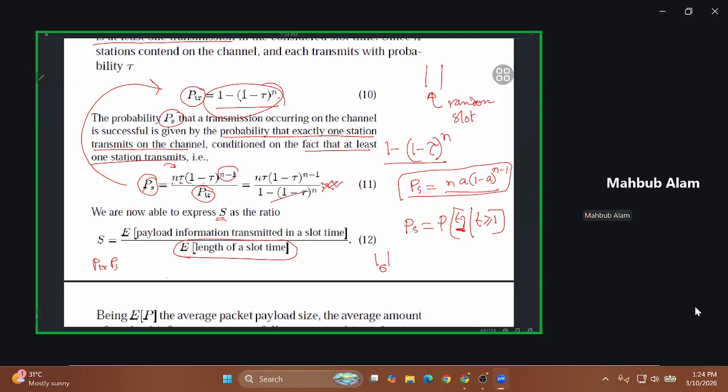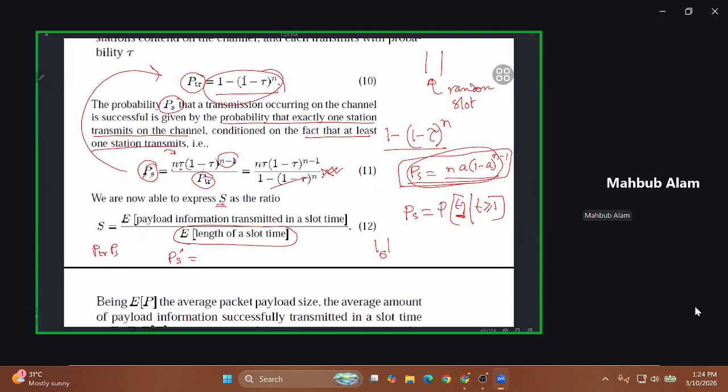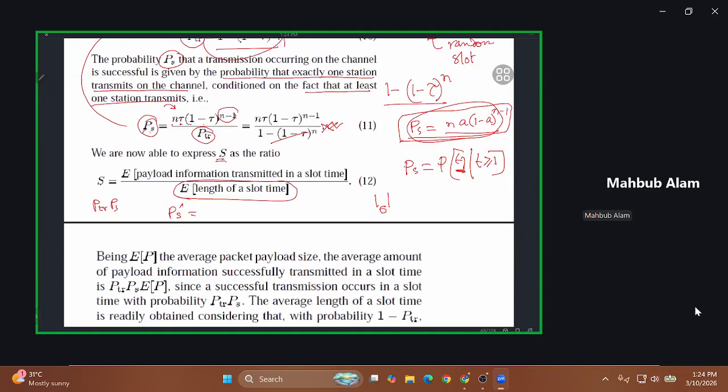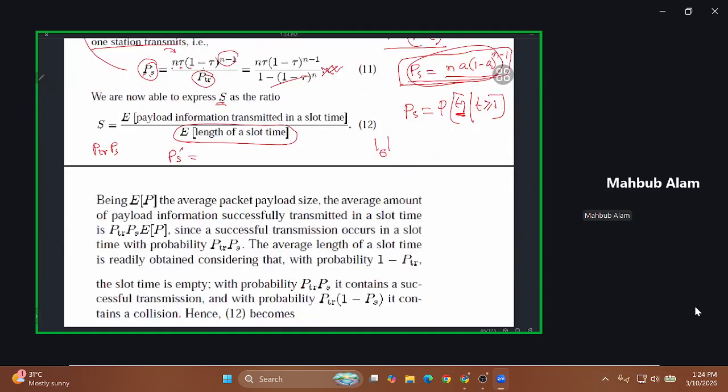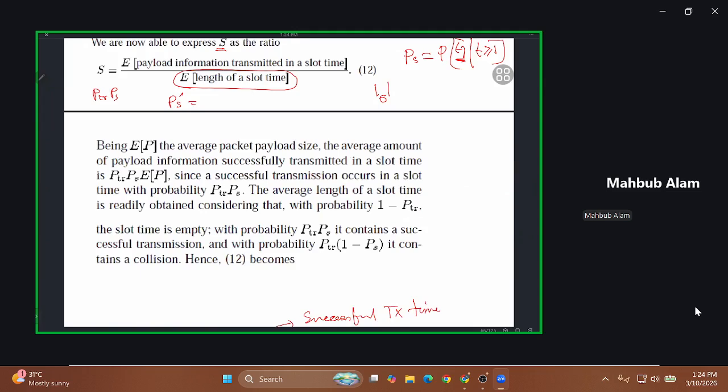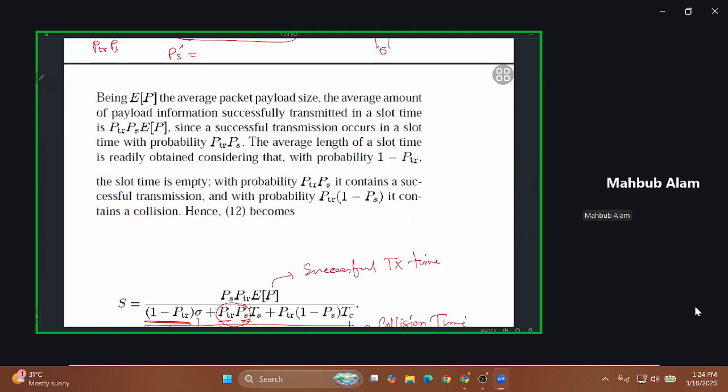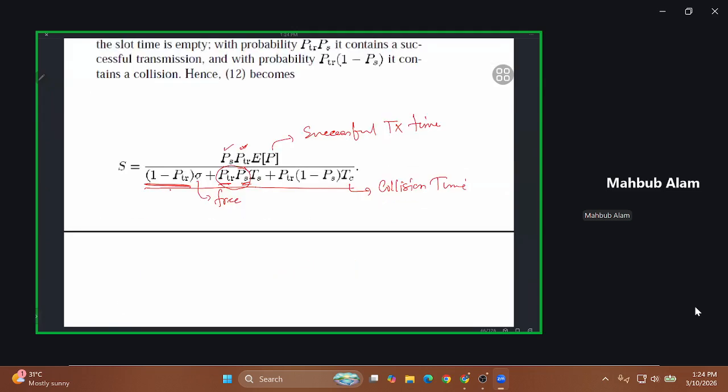So PS times PTR is the probability that when there is a transmission, a success occurs. That means the probability of a successful transmission is this one.